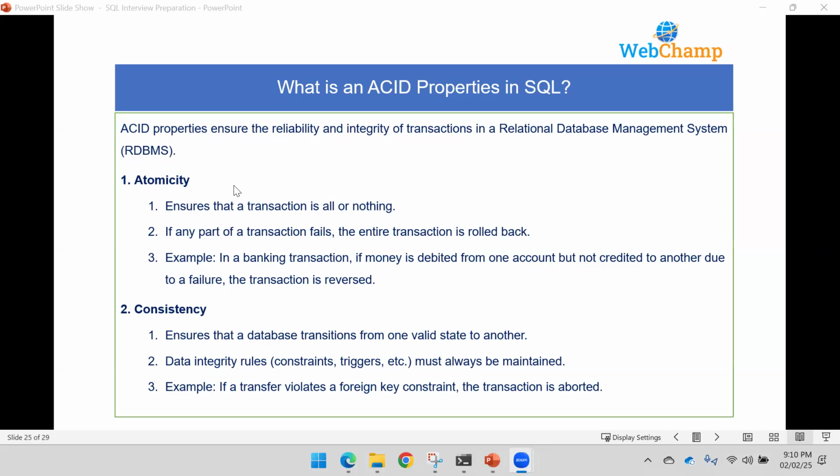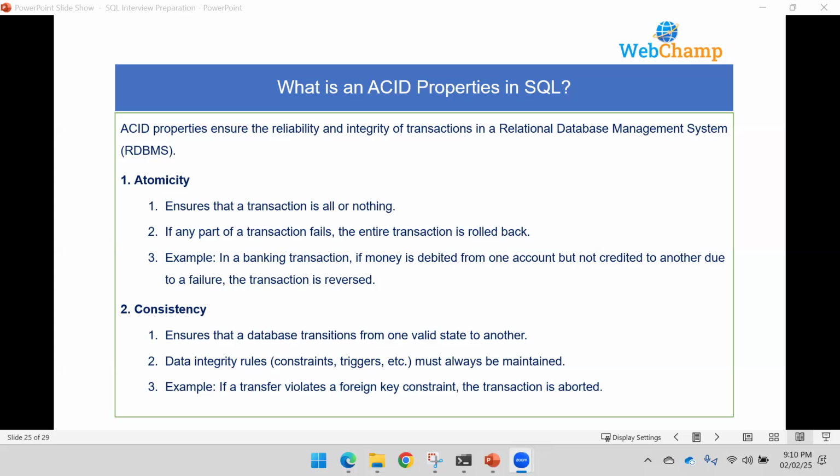Then what does consistency mean? Consistency ensures the database transitions from one valid state to another. If we discuss an example of consistency, a banking system should never show a negative account balance due to a system error.